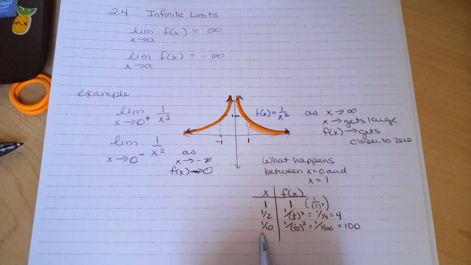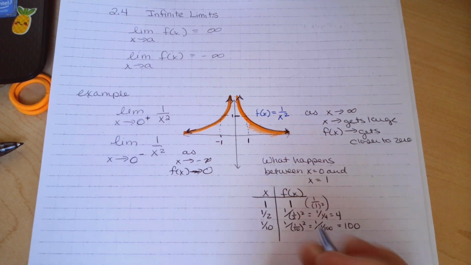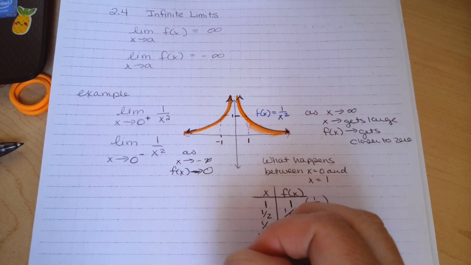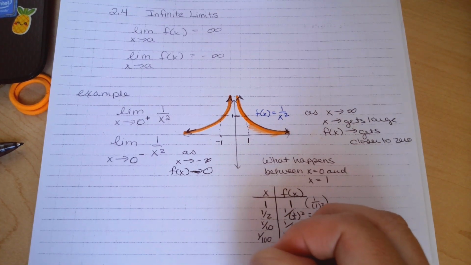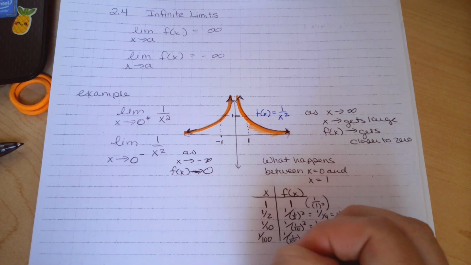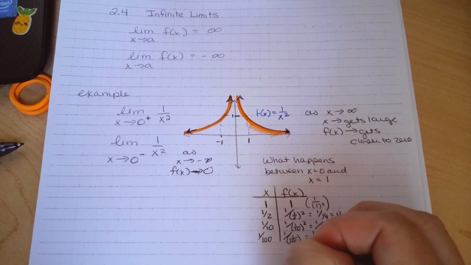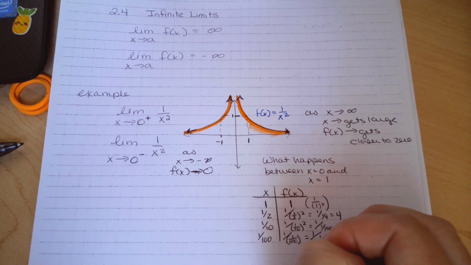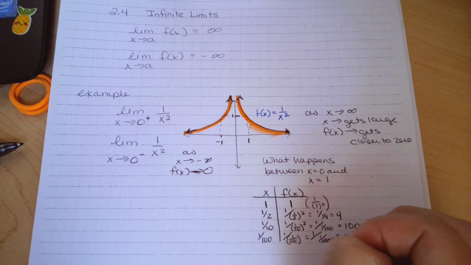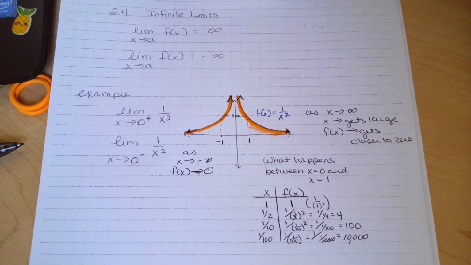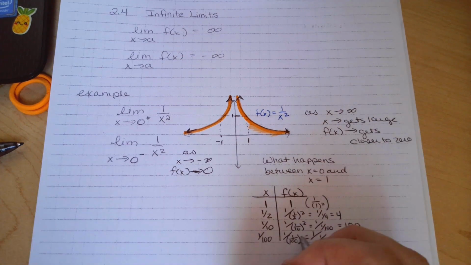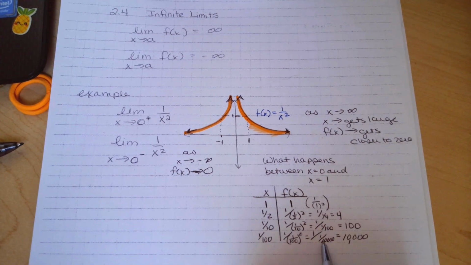So it seems the smaller I get, the larger my output is. I put in 1/100, I get 1 over 1/100 squared equals 1 over 1/10,000, I get 10,000 out.